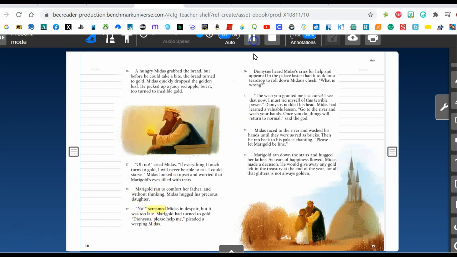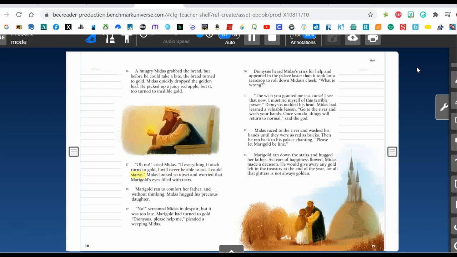"No!" A hungry Midas grabbed the bread. But before he could take a bite, the bread turned to gold. Midas quickly dropped the golden loaf. He picked up a juicy red apple, but it, too, turned to inedible gold. "Oh, no!" cried Midas. "If everything I touch turns to gold, I will never be able to eat.